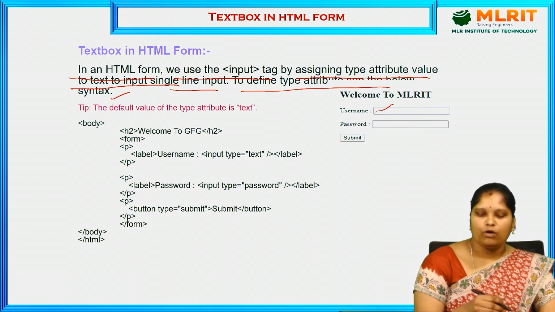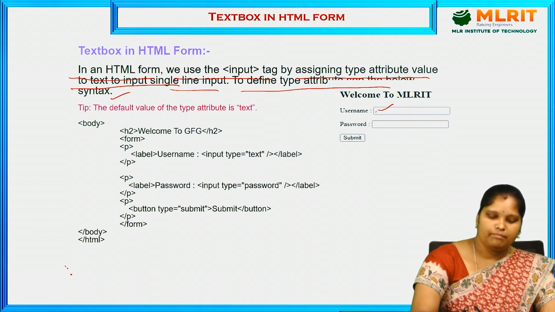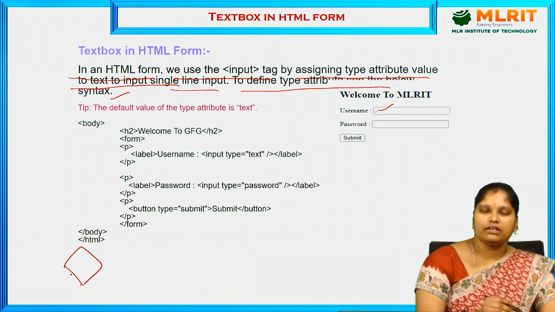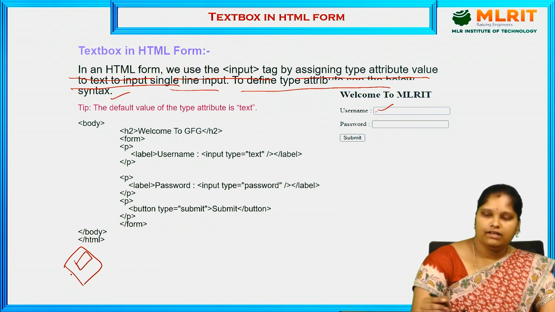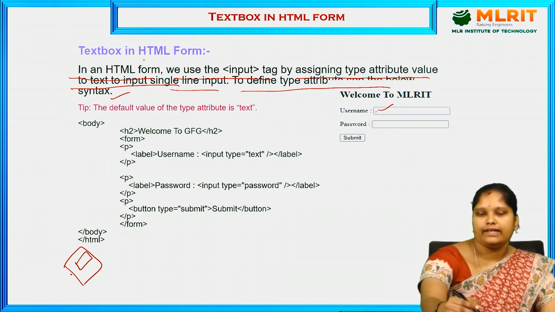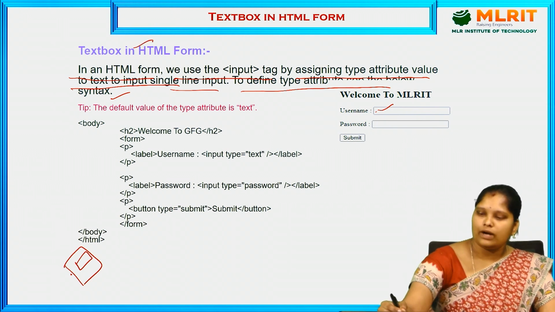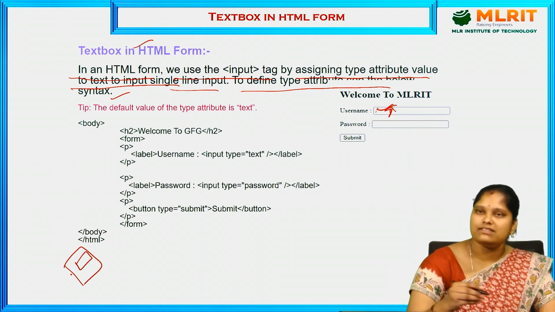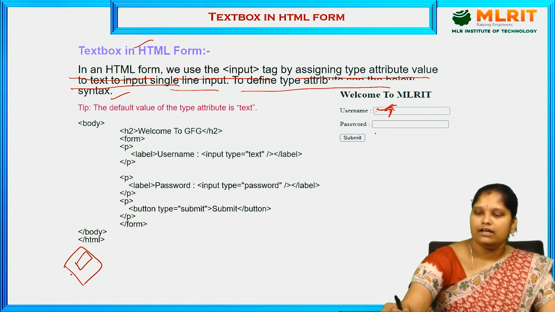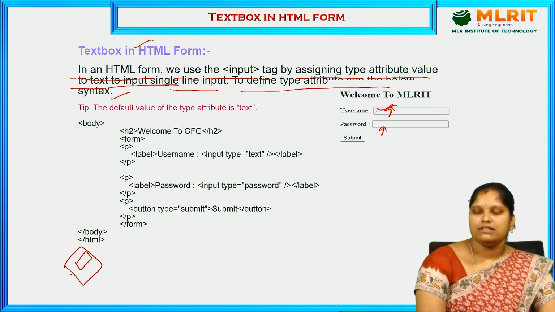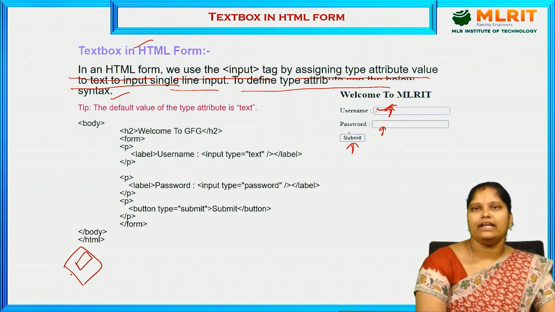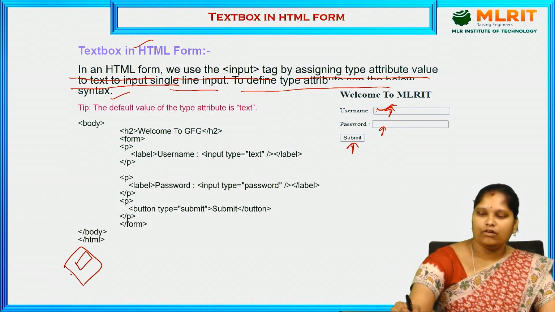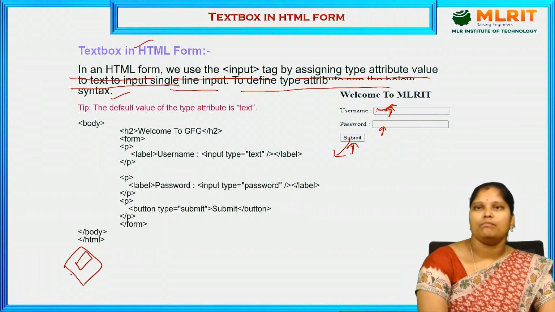For example, for my site, the user gives some input, some text. Then you can use the text box. This is one text box. Here we need to insert some text. Here also we need to insert some text, but here we do not insert any text. By clicking, the action will be performed.